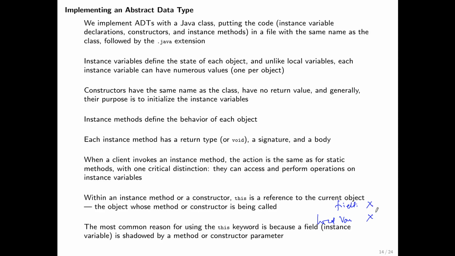Well, you would disambiguate by saying this dot x for the field and just x for the local variable. Okay, so that's how you can tell the compiler which one you're talking about.